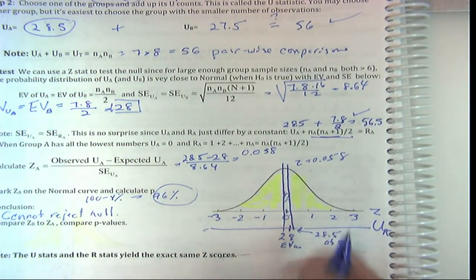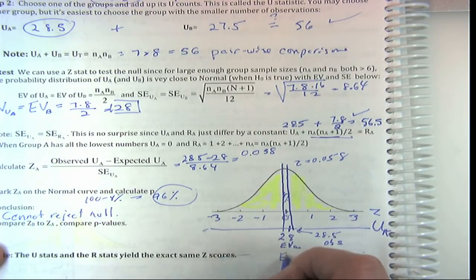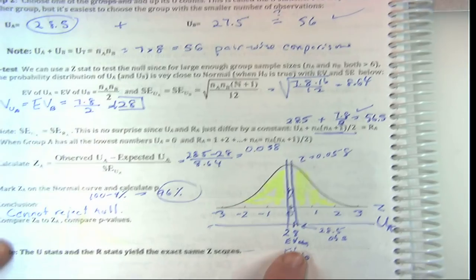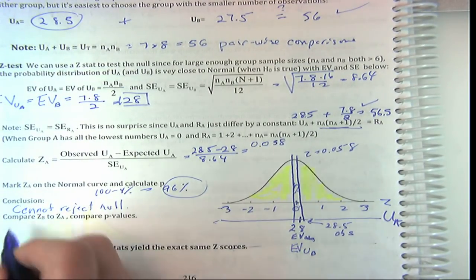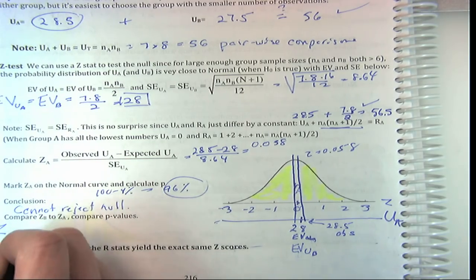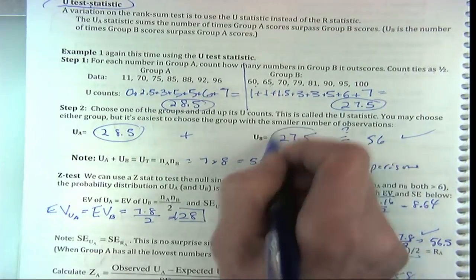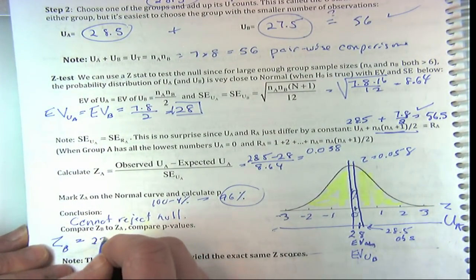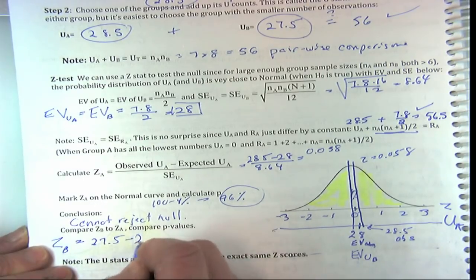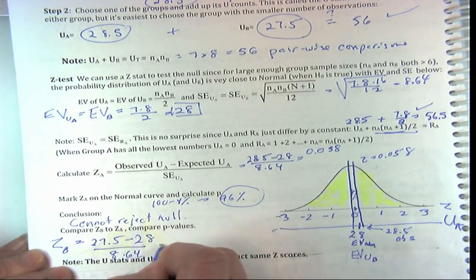Okay, so this is the expected value for UA, and it's also the expected value for UB, for both of them. So they're just both on the same distribution. We want to do ZB, what do we have? 27.5, our observed value. 27.5 minus our expected of 28 over that same standard error is just negative.